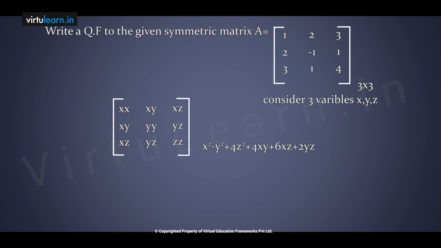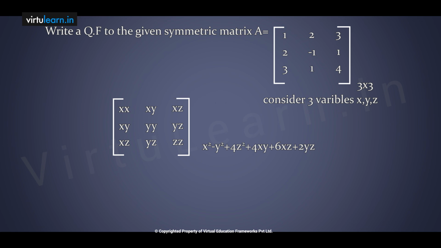Again 3, 3. Now 3 plus 3 is 6. What are the variables? xz, here also xz, therefore 3 plus 3 is 6xz. The next one, yz: the coefficients are 1, 1, and 1 plus 1 is 2, so 2yz.